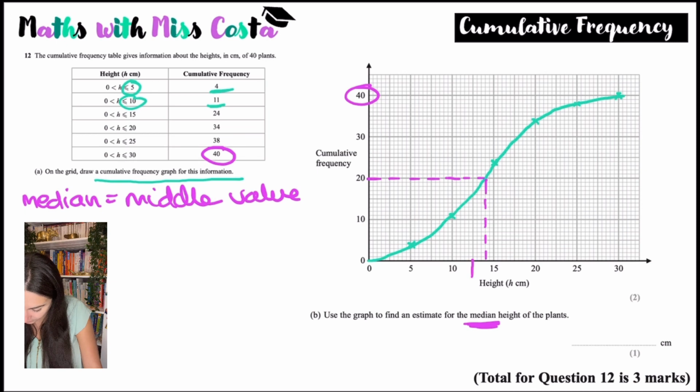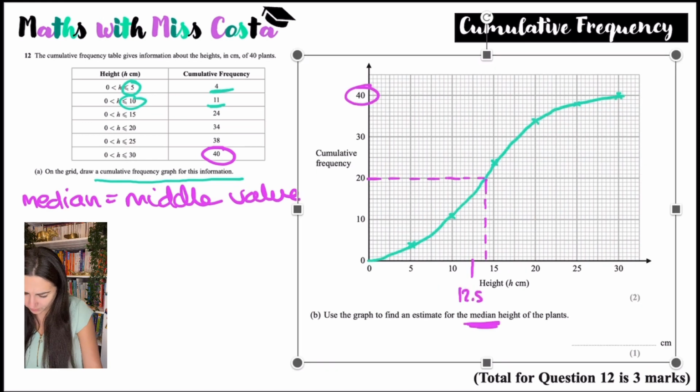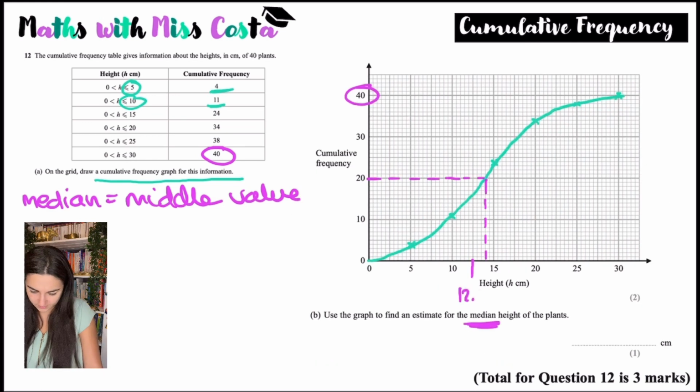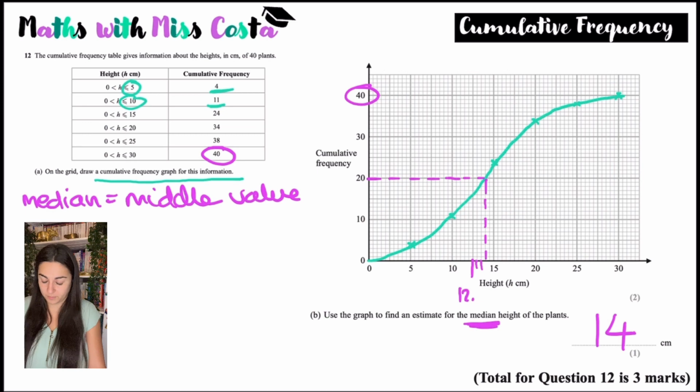So this would be 12.5. So it must be going up in 0.5. So that would be 12.5, 13, 13.5, 14. Okay, so the median height of the plants would be 14 centimeters. So if you were asked for the lower quartile, you would go across from 10, upper quartile, you would go across from 30.